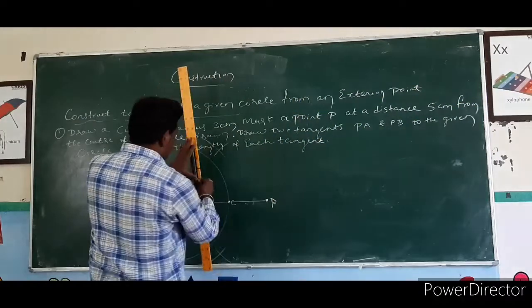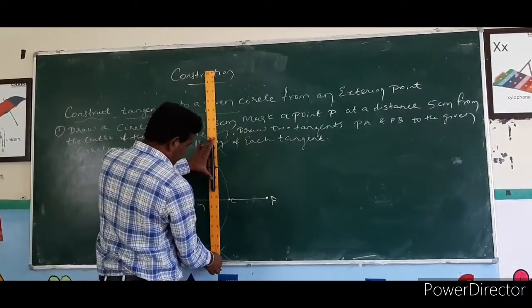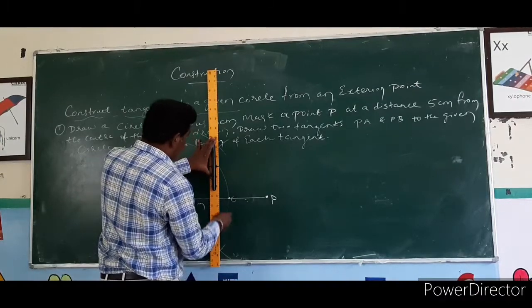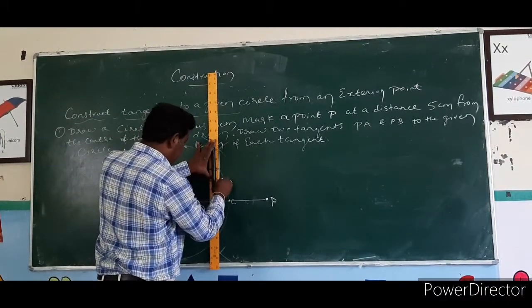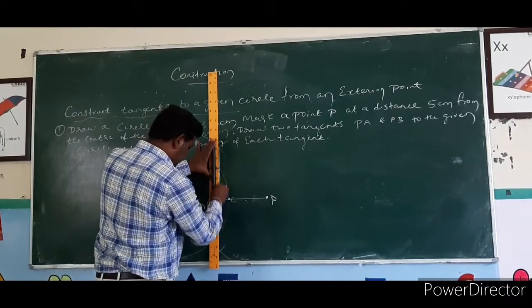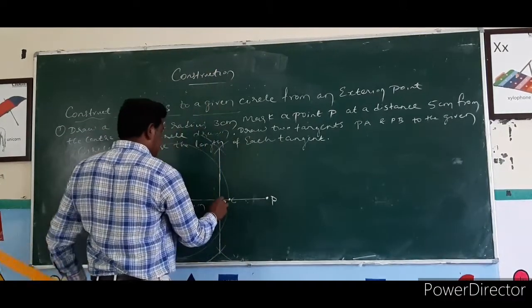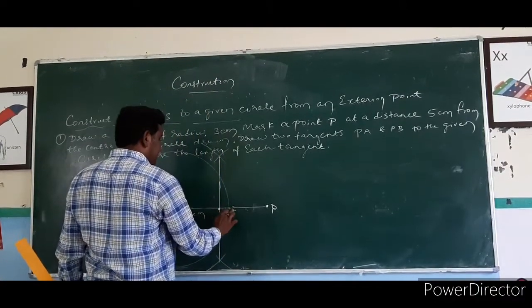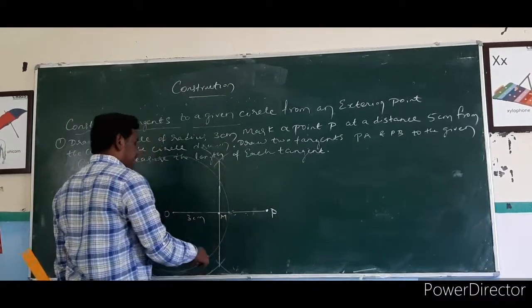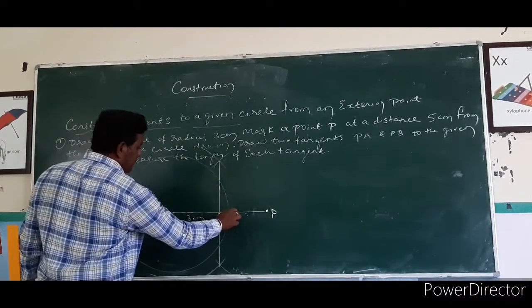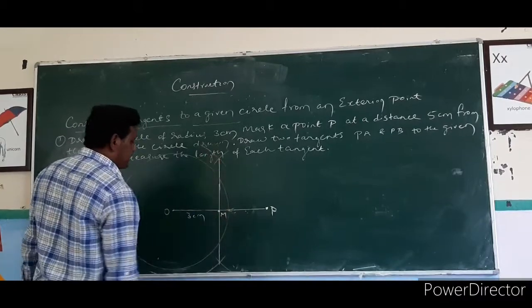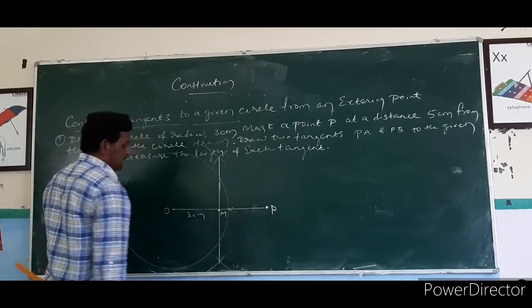Next you join, and this point is called M. You can consider M because it bisects the line segment OP.